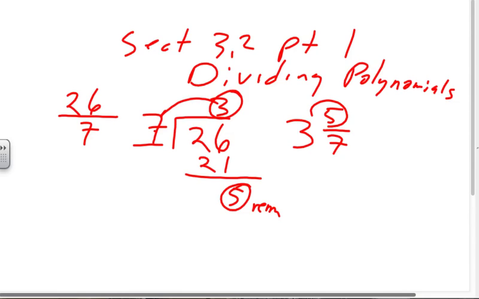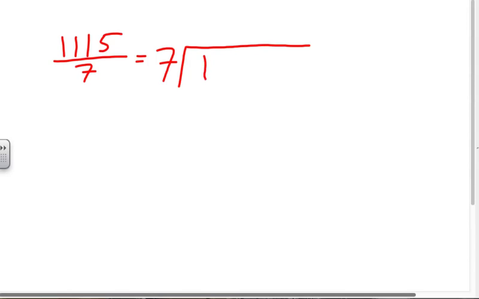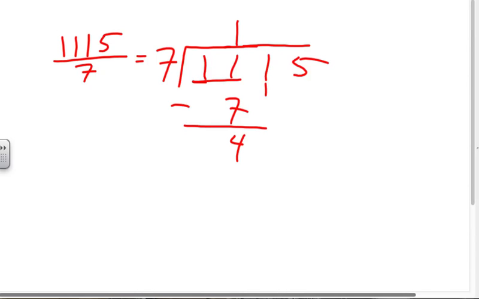Okay, let's look at a slightly different way of doing this. Let's do 1115 divided by 7, which can be written this way, 7 into 1115. So I can't put it into that 1, but I can put it into 11. 7 will go into 11 one time. I subtract it, I get a 4. Then I bring my 1 down. 7 times 6 is 42, so that's too much.